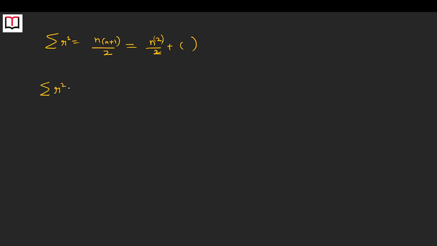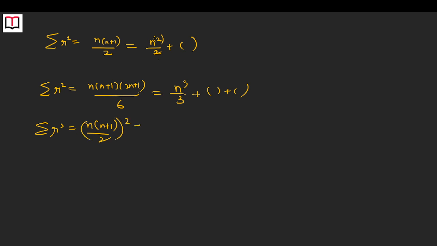Similarly, R square. So of course we all know n into n plus 1 into 2n plus 1 by 6. If I have to write it in polynomial form, it's n cube by 3 and then some other thing. Similarly, summation R cube is n into n plus 1 by 2 whole square. Again, if I have to write it in polynomial form, it's n raised to power 4 by 4 plus something, something, whatever that be, doesn't matter here.